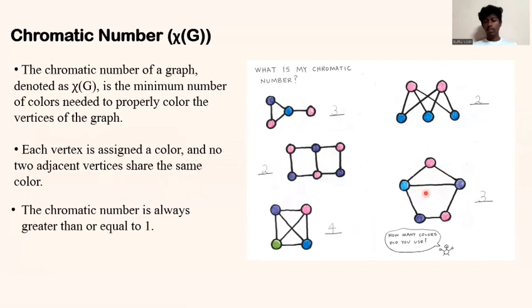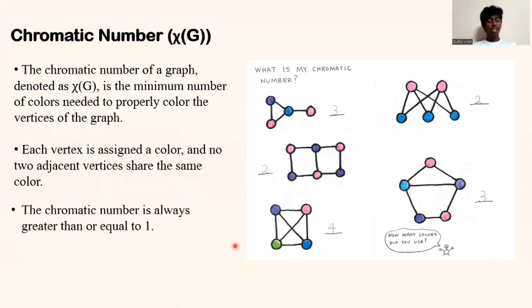So let us see another example. In this example, the chromatic number is 3. Here the blue color vertex's adjacent vertices are pink, blue, and violet, and violet. So there are no adjacent blue colors associated with this vertex.